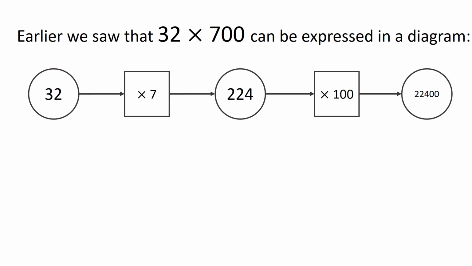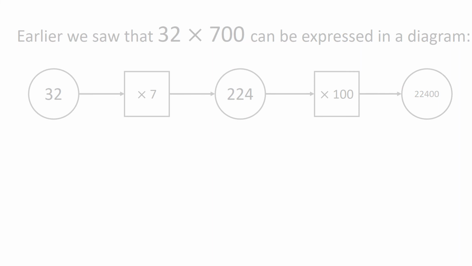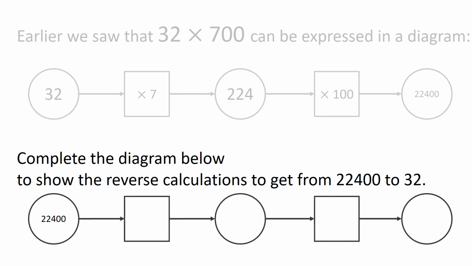We can also do the same for division. So take this number machine here where we're working from the left to the right. If we were doing division, we would want to reverse those steps. So starting with the 22,400, how would we work it back to 32? Well, reversing, we divide by 100, and we would get 224.